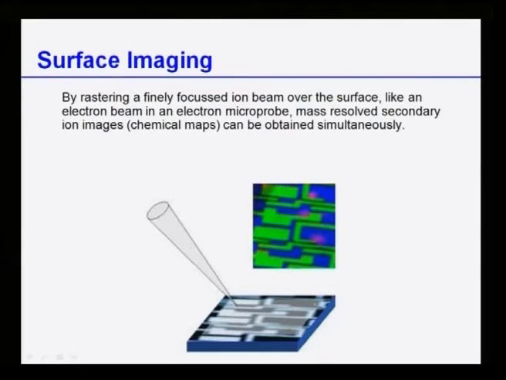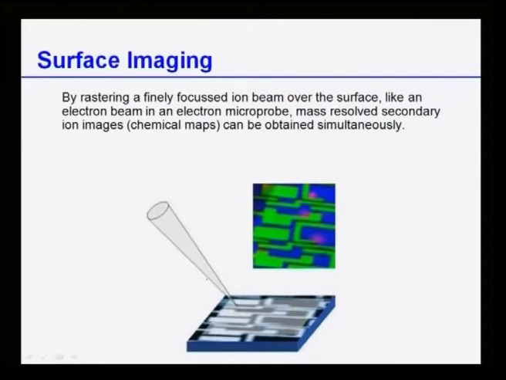One can also use SIMS for surface imaging, because you can raster. By rastering a finely focused ion beam over a surface like this, one can create mass resolved secondary ion images.